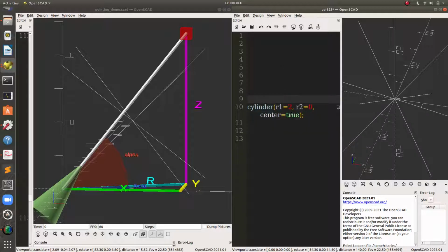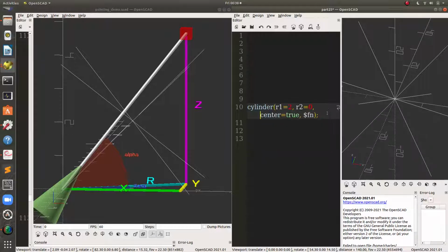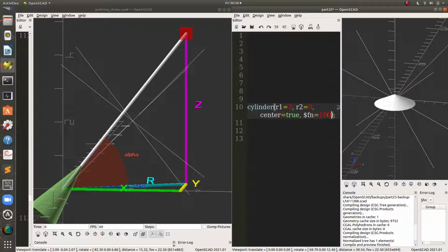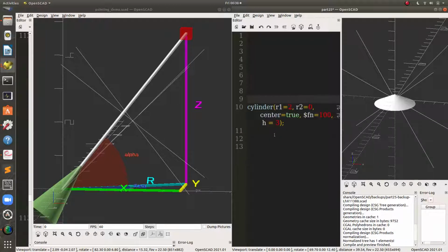Oops. Center is true, and the $fn value equals 100. And I forgot to add the height. h equals 3. Maybe we'll say 5.